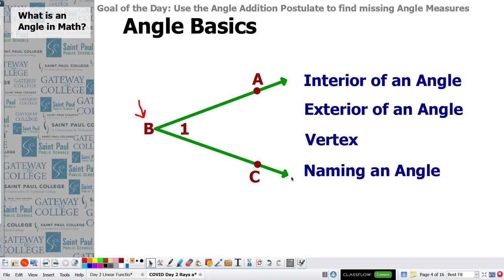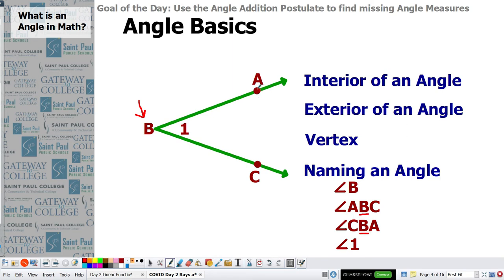And lastly, naming an angle. There are multiple ways you can name this angle. One way is you can name an angle by just its vertex, so angle B. Another way is to use three letters: A, B, C, or you could call it C, B, A. The important thing when you're naming is the vertex has to be the middle letter.